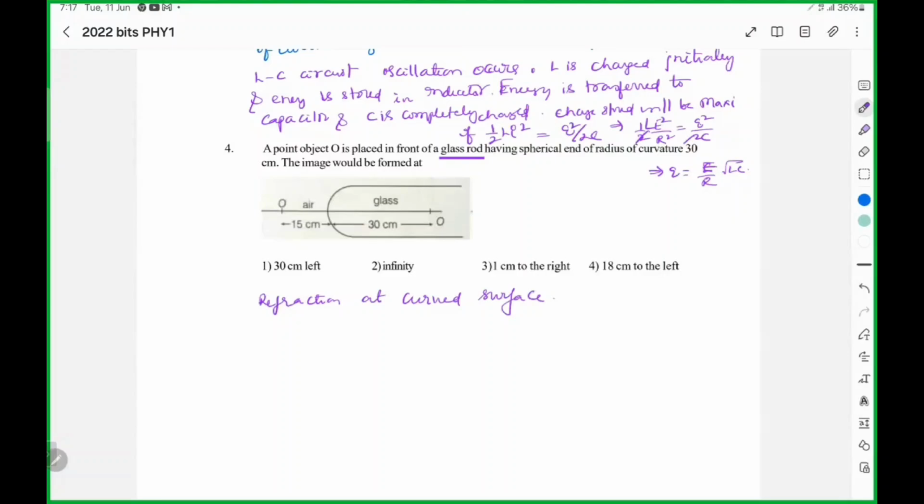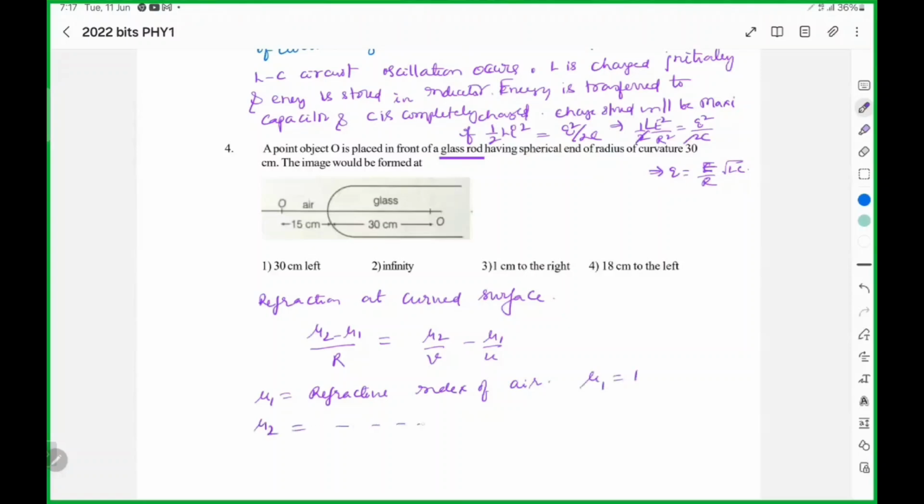So we have a formula: mu2 minus mu1 by R is equal to mu2 by V minus mu1 by U. Here mu1 is the refractive index of air, from which medium the ray is entering, that mu1 is 1.